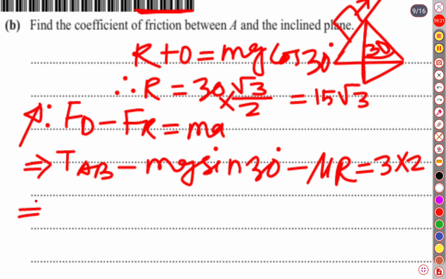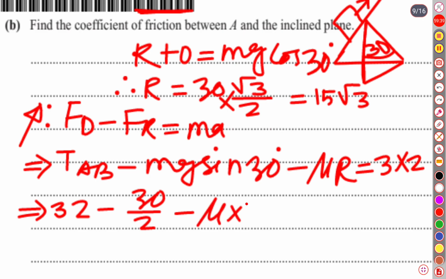Then the tension in the string AB was 32, minus the mass of the particle 3 times 10 is 30, sin 30 is half, so 30 over 2, minus mu, which is to be obtained, times R, which is 15 root 3, is equal to 6.